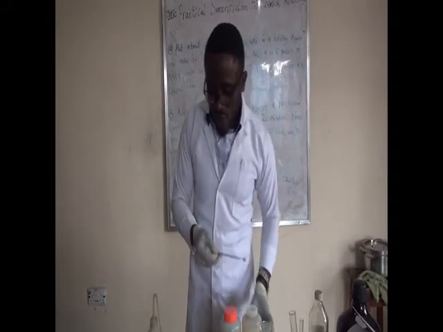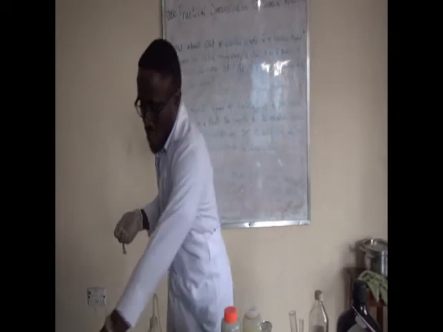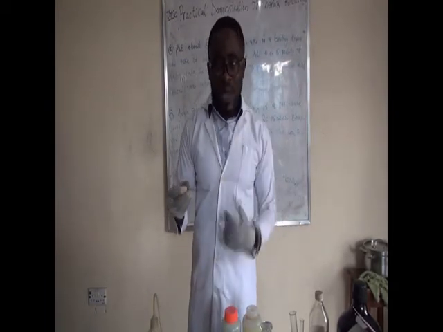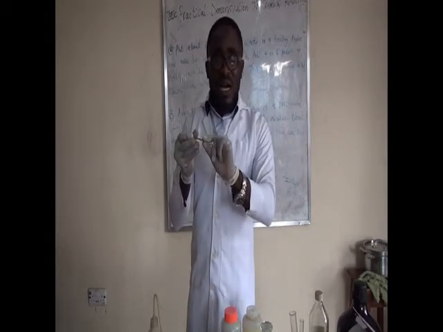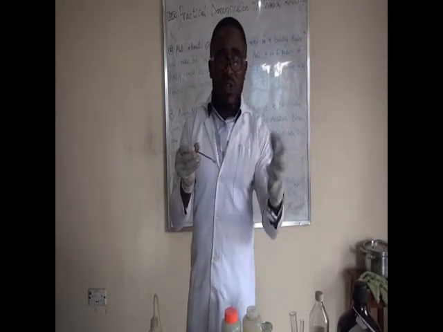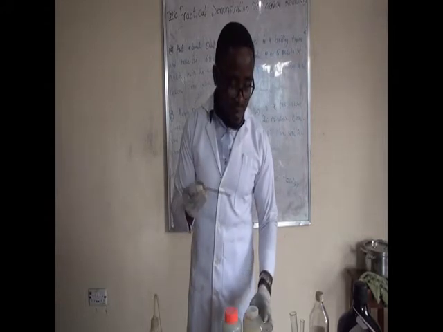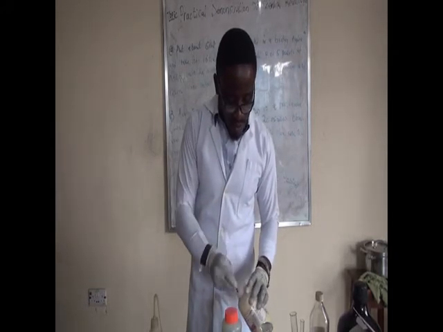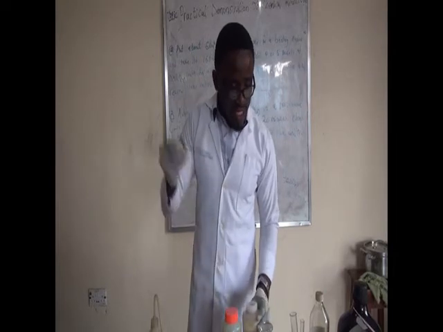Some of you who are not conversant with laboratory reagents and equipment, this is called a spatula. We use it to take out a pinch of salt and the rest of the solid substances in the lab.